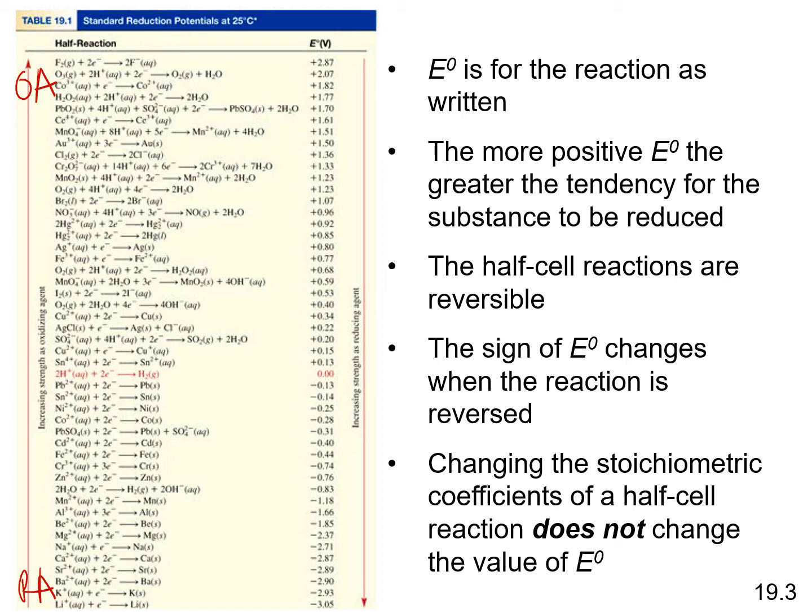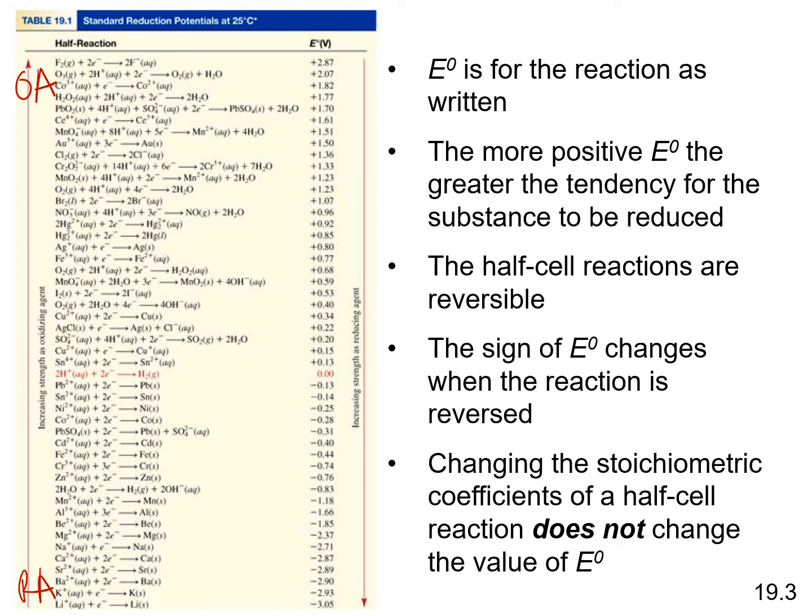it becomes positive. And then changing the stoichiometric coefficients of a half cell reaction does not change the value of our reduction potential. So regardless of the coefficients, let's say for copper we have 2, and our zinc is 2 also, it will not have an effect. So the cell potential or the reduction potential is still the same.